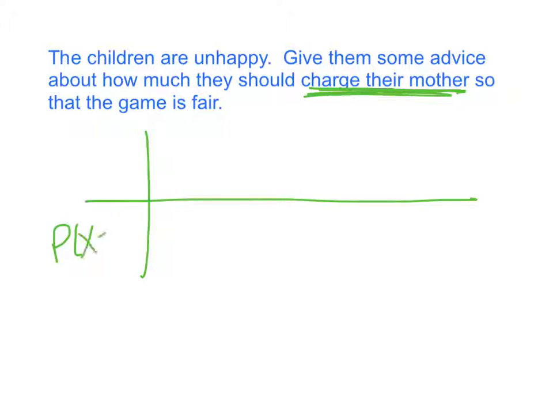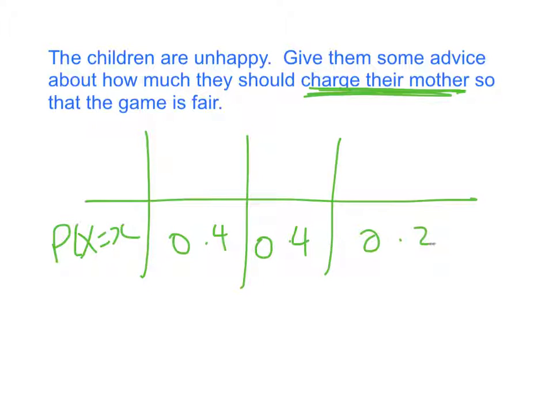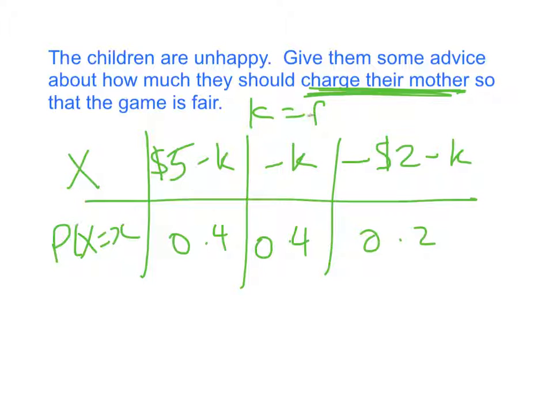The probabilities aren't changing, so there's still 0.4, 0.4, and 0.2. Right, and so the payoff is now going to be 5 minus k, negative k, and the $2 she's got to pay them less k. Right, so k is the fee.